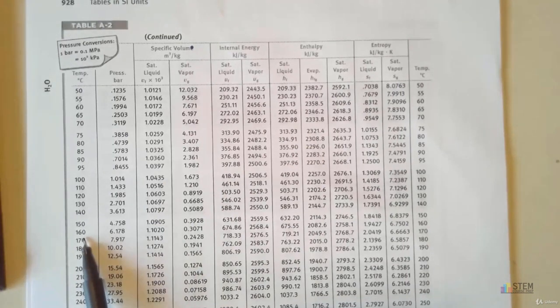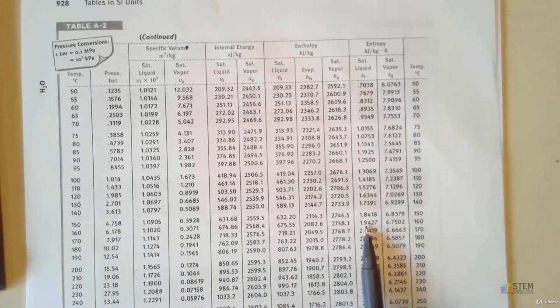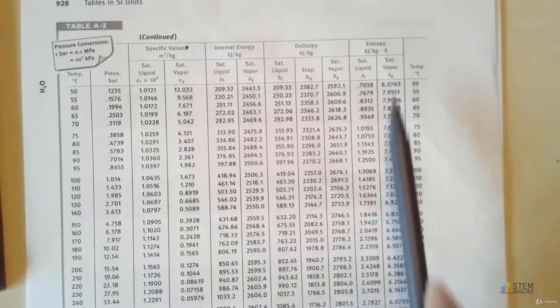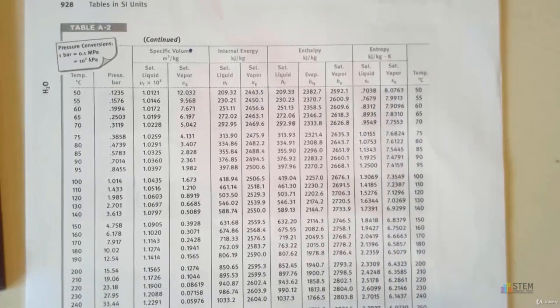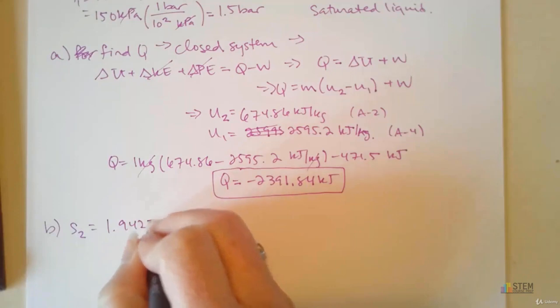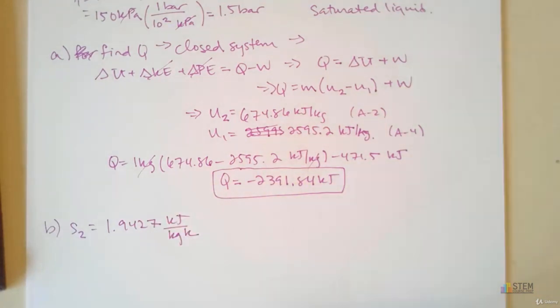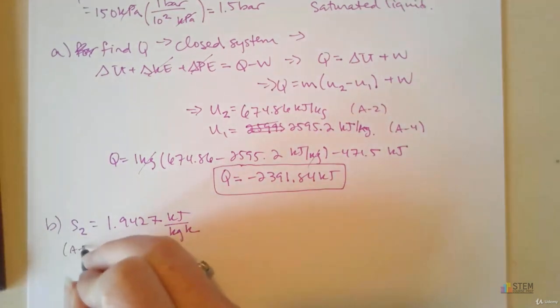So at 160, you go all the way over here, get to saturated liquid, and you get 1.9427. Notice your units, kilojoule per kilogram Kelvin. So let's write that value down. Remember this is specific entropy. This was from table A2.